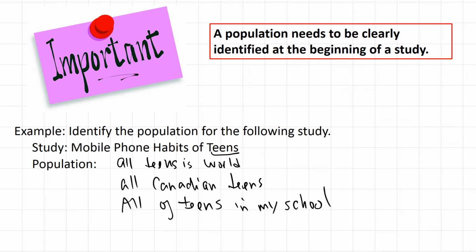So notice that all three of these are different populations. They are all teens, and we're going to be studying what their phone habits are, but the population is quite different in all three. And so it's really important that it needs to be clearly identified before you start any survey or any statistical process.